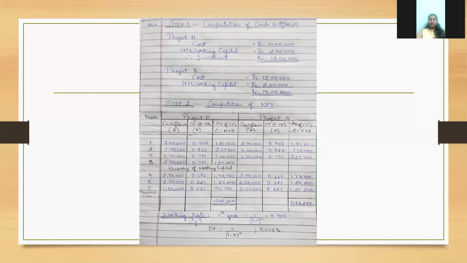That is 1,81,800, 1,65,200, 3,00,400, 2,25,300, 1,70,750, 1,24,200, 1,24,200. The total sum of present value of cash flows of Project B is 11,56,650. Let us compute all this and then calculate the results.